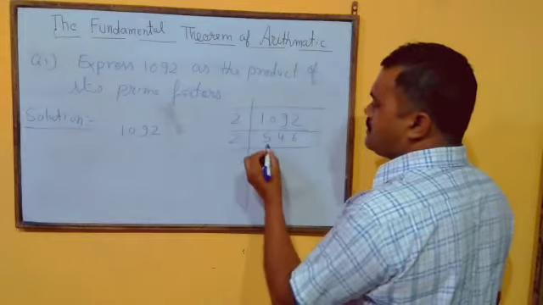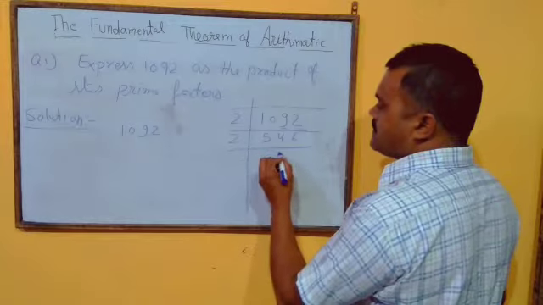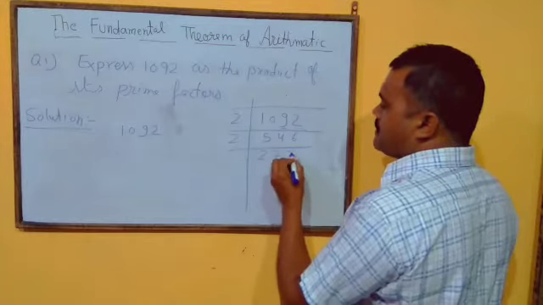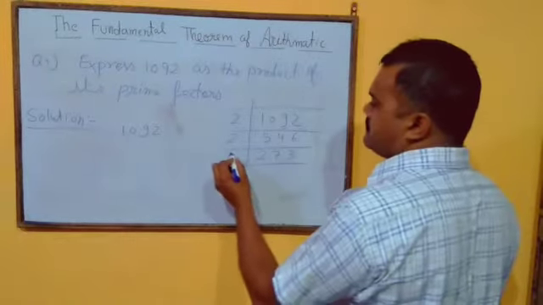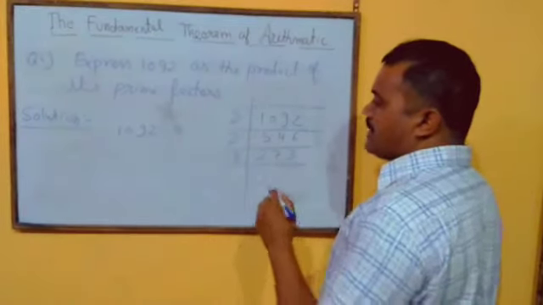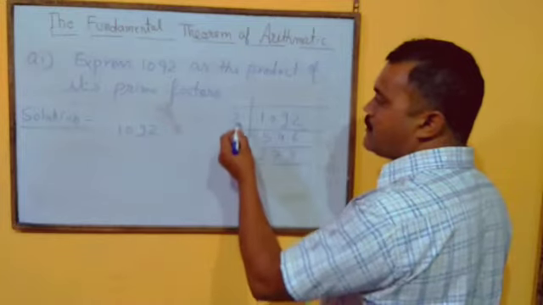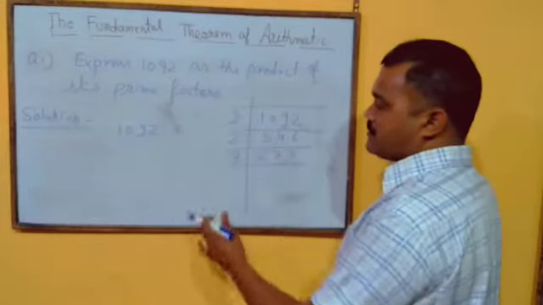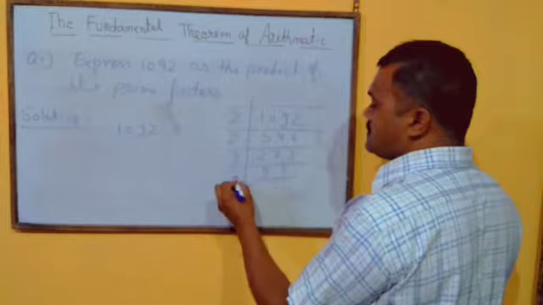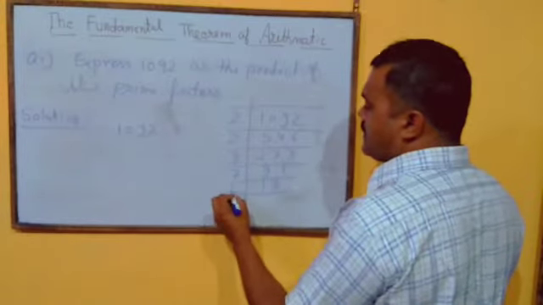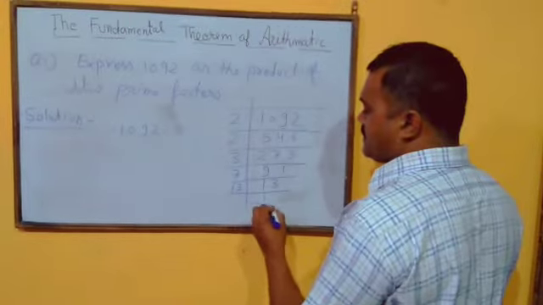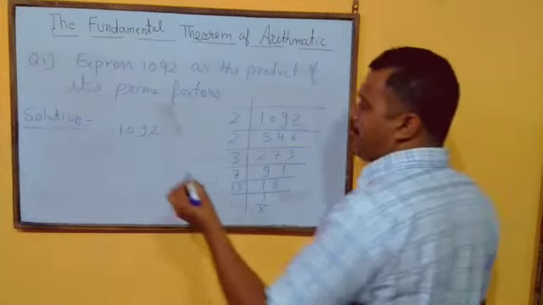Again with 2, 2 2s are 4, 2 7s are 14, and 2 3s are 6. Now it will go with 3. Here the thing to be noted is we are not going to write any composite number here. We need to write the prime numbers only. 3 1s are 3, 7 3s are 21, and finally we get 13 1s are 13 and it comes to 1.